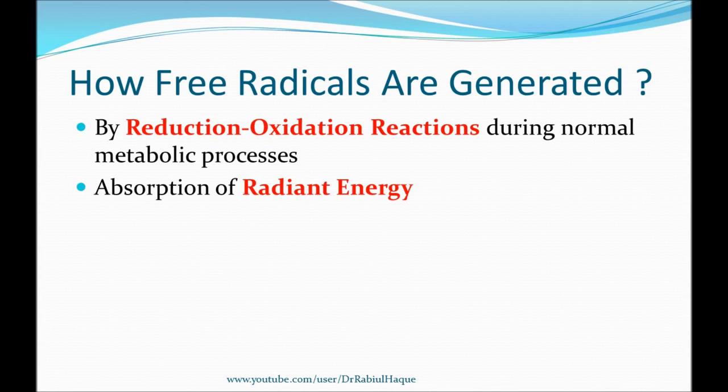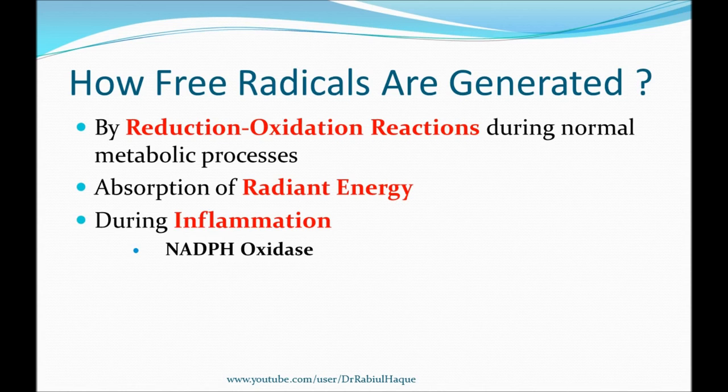The next mechanism of free radical generation occurs during inflammation. Always remember, during inflammation, leukocytes become activated and carry out some precise reactions in their plasma membrane multiprotein complex, and those reactions involve the use of the NADPH oxidase enzyme as well.